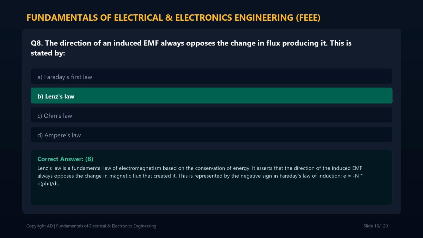The correct answer is B, Lenz's law. Lenz's law is a consequence of the conservation of energy, stating that the direction of the induced EMF always opposes the change in magnetic flux. This is represented by the negative sign in the induction equation.